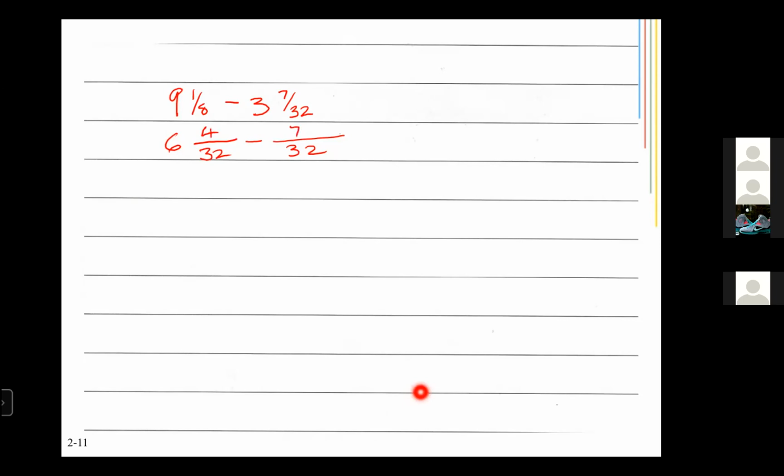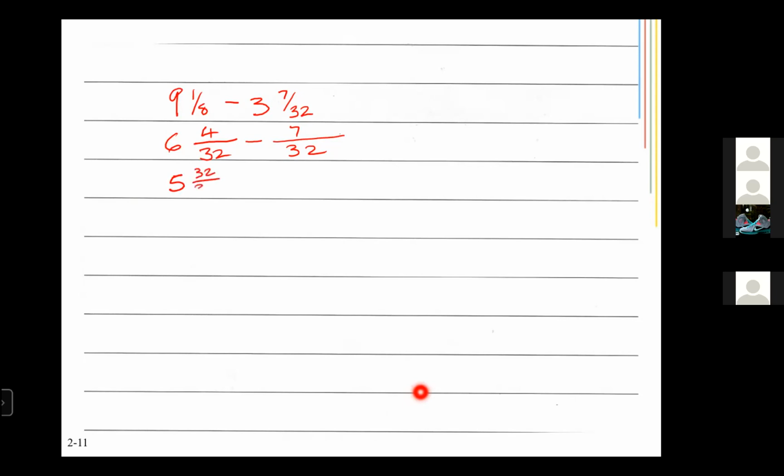So this is another one where we have to borrow from the whole number because you won't be able to take the 7 from the 4. So if you borrow, you're going to end up with 5, and then the one that you borrow will become what? 32 over 32.